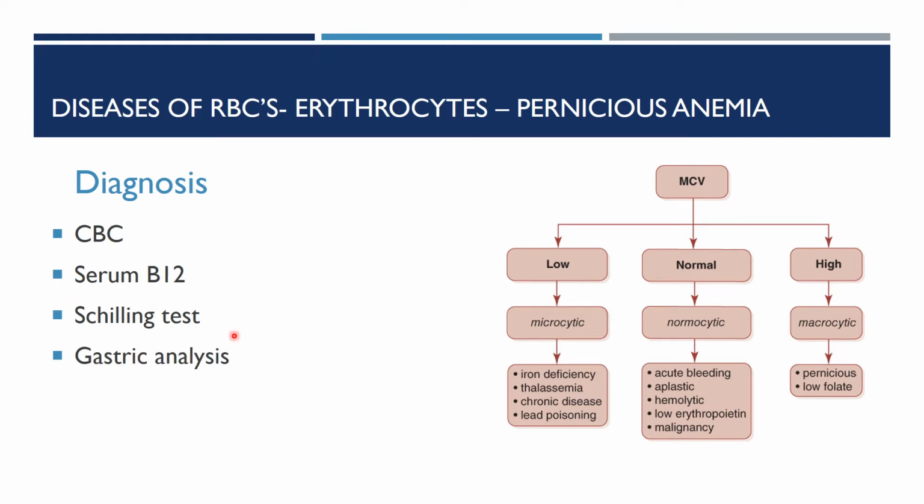Gastric analysis. And then bone marrow biopsies. Okay. The bone marrow biopsy is pretty much always going to tell you what the condition is, but that's a fairly invasive procedure. Right? So if we look at the mean corpuscular volume that you would get from your CBC, you would go over here to high, and then you see that pernicious anemia is located over here. So that means that we have a high volume taken up by our B12 or by our red blood cells.